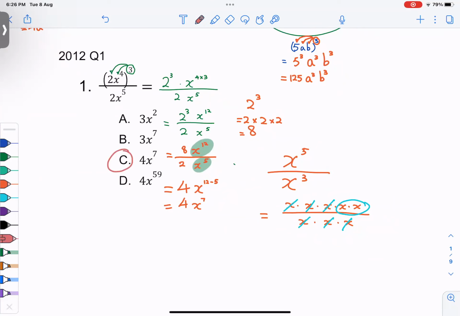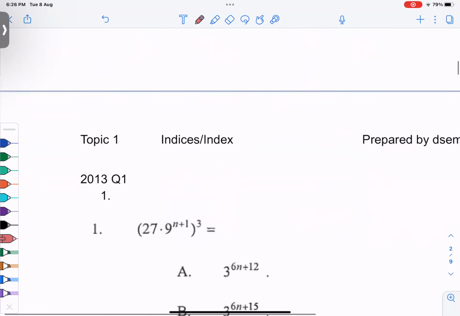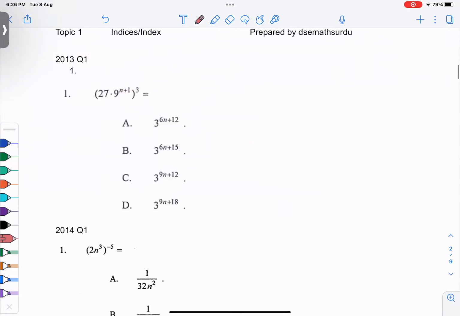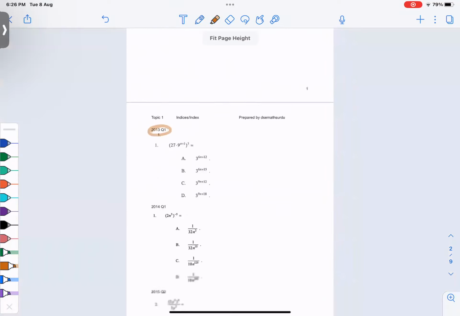This question, okay? Yep. Let's move on. Now, this page, I'm circling a few questions. We will get back to it later on. 2013.